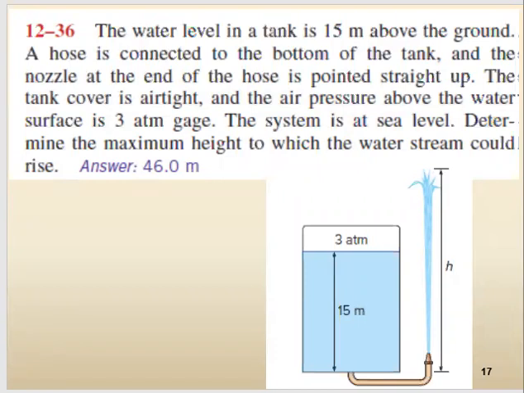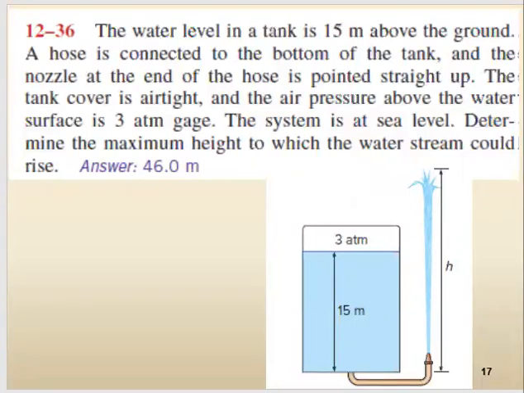We want to start with another problem on the Bernoulli equation application. The water level in the tank is 15 meters above the ground. A hose is connected to the bottom of the tank, and the nozzle at the end of the hose is pointed straight up.